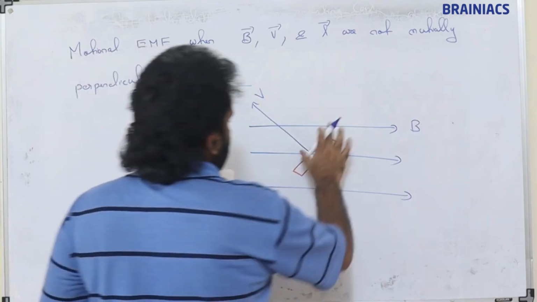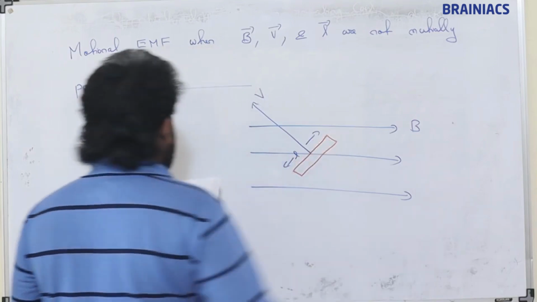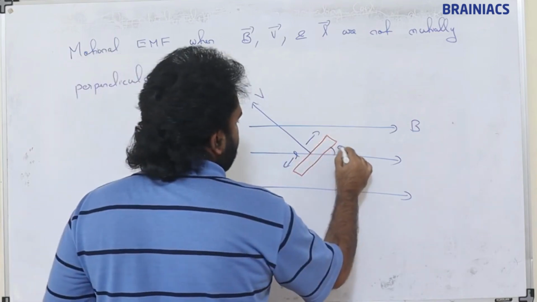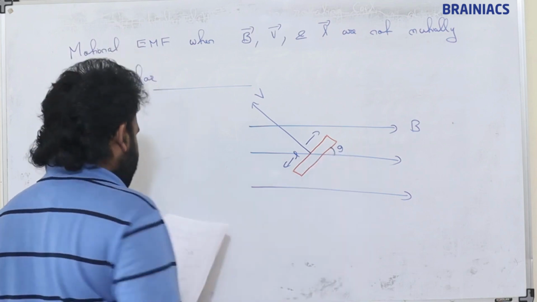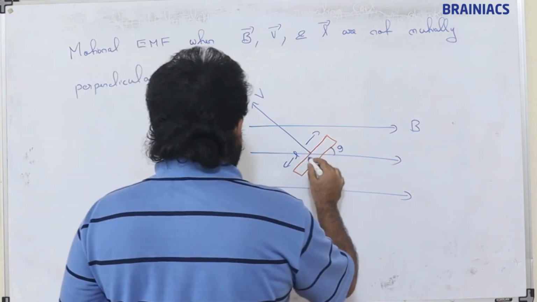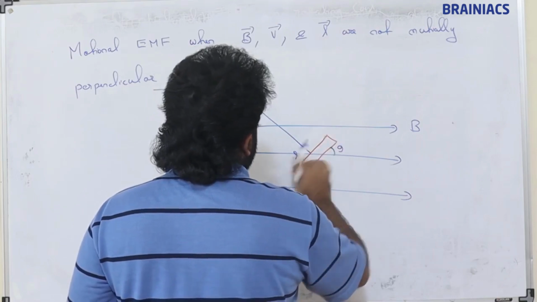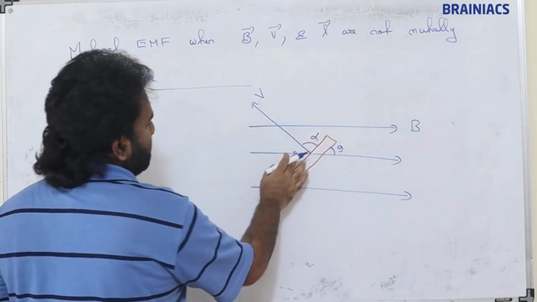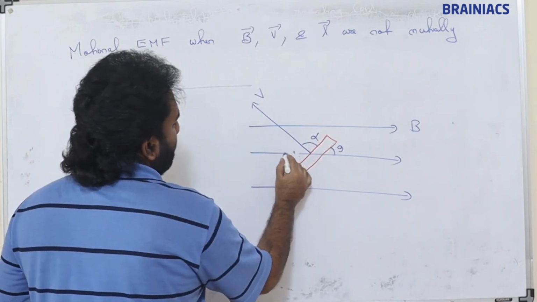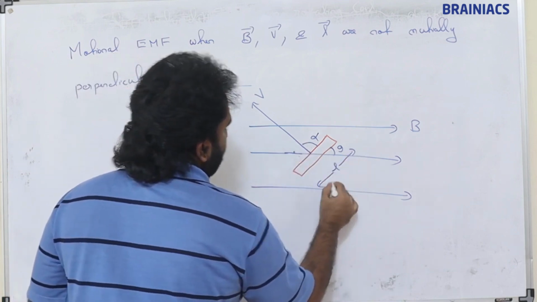This is L, and this conductor is at an angle theta, and this angle is alpha. This is not 90 degrees, this is an angle alpha. So the length of the conductor is L.